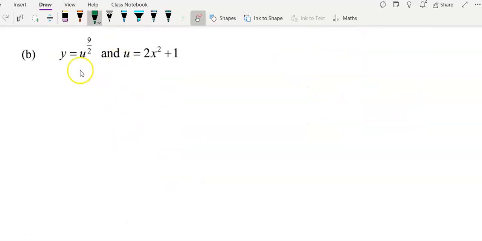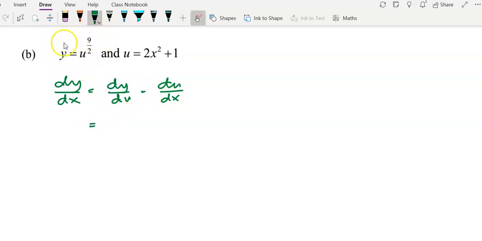For the second question, I have y equals u to the power of 9 over 2 and u equals 2x squared plus 1. Chain rule: dy dx equals dy du multiplied by du dx. For dy du, focus on this function y in terms of u.